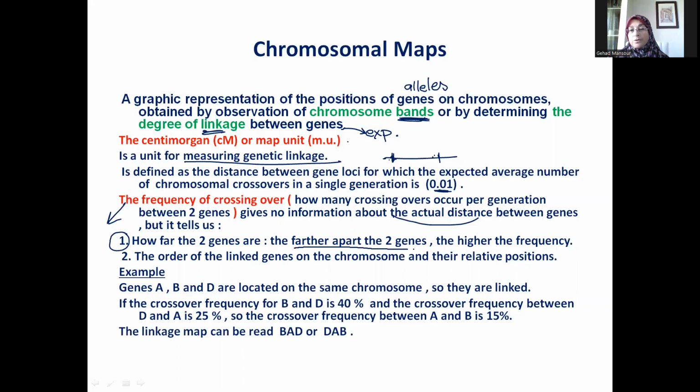The farther they are apart from each other, the higher the frequency of crossing over. And we can also know the order or the arrangement. So you know two things from the chromosomal map: how far two particular alleles are from each other on the chromosome, and what is their order or arrangement.